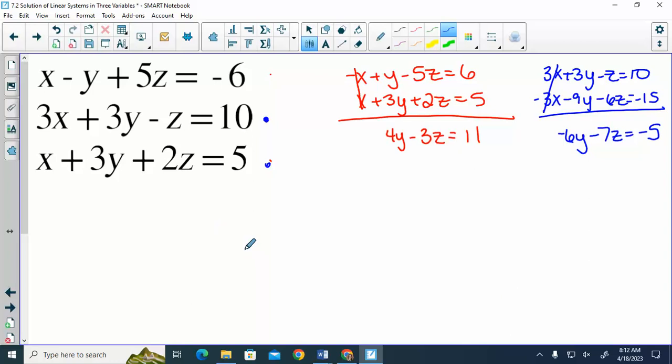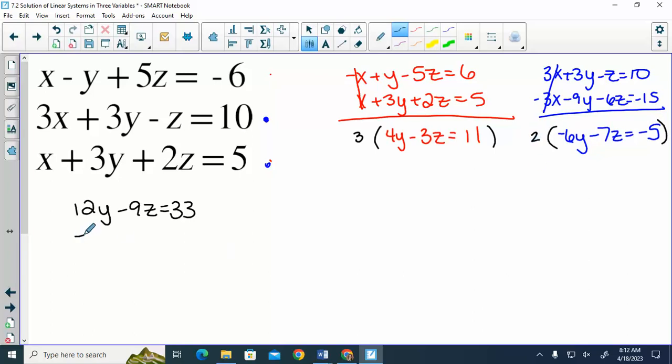Alright, so if I have this, which one do we want to get rid of? Y. So 4 and 6, we could turn them both into 12 or 24. So I could take this one times 3. That's really good math. Multiply by -3 and I didn't need to.